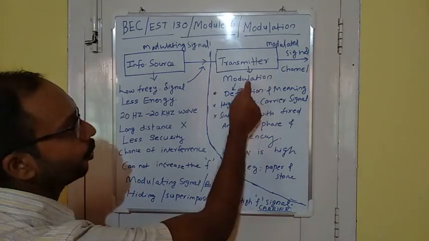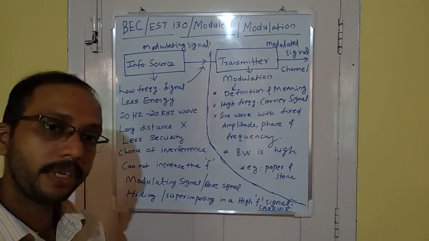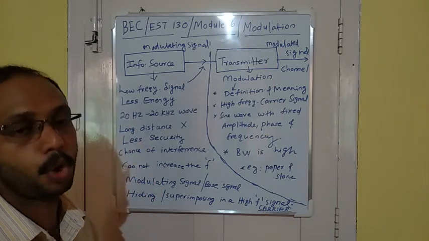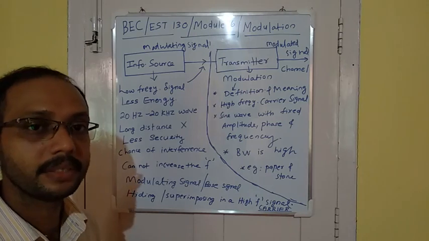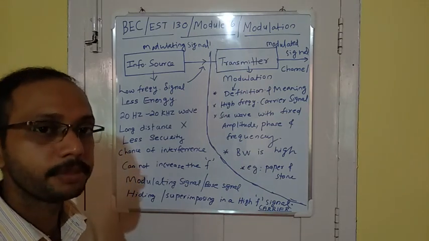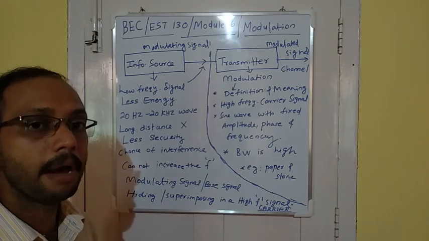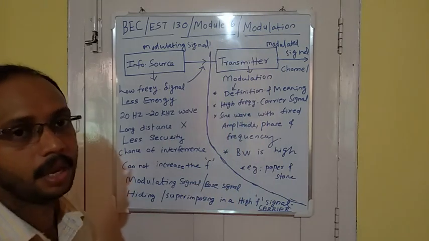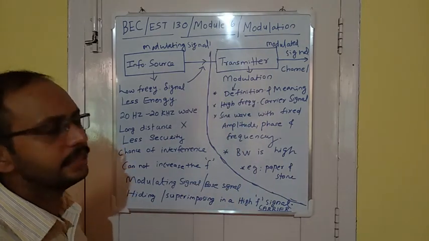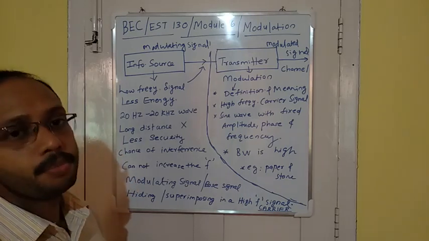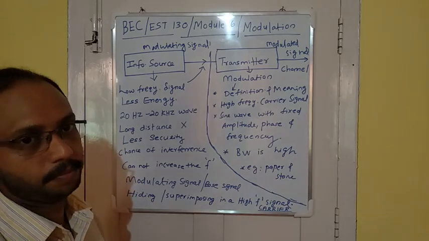That is known as modulation. Properties of this high frequency signal, like amplitude, phase or frequency, are varied in accordance with the instantaneous amplitude of the low frequency signal. You can see the definition in your notes. The meaning of modulation is change.